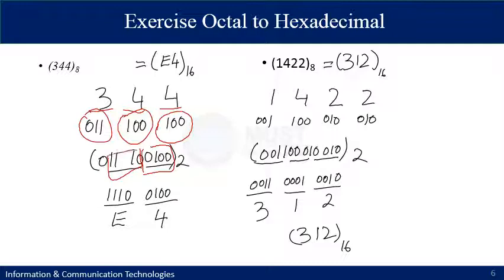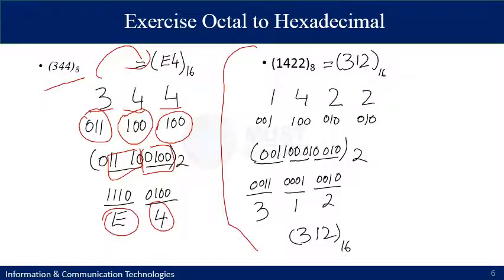We have two sets of 4-digit formats, and we convert these binary numbers into equivalent digits of hexadecimal. Therefore, the representation of octal is directly converted into the representation of hexadecimal, and you should try this example on your own.